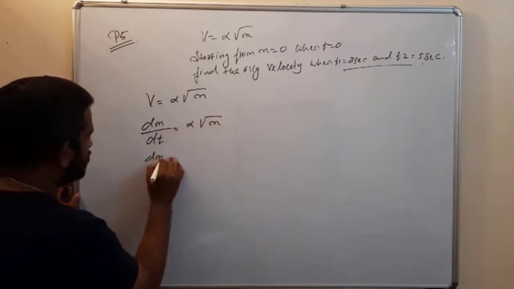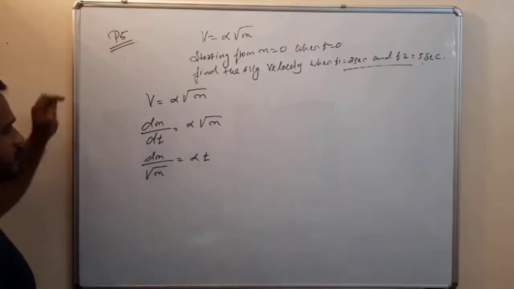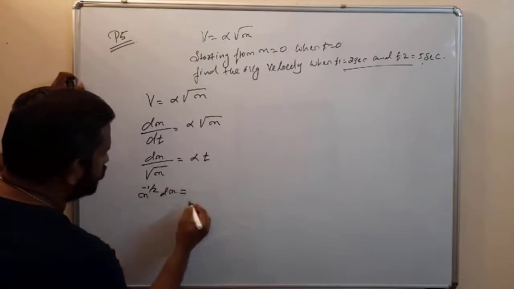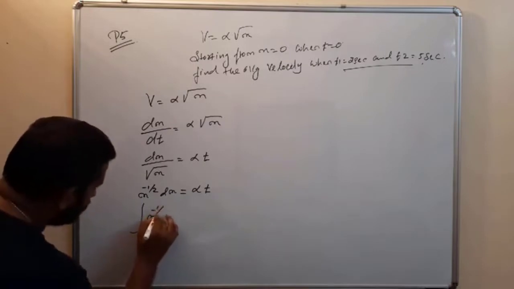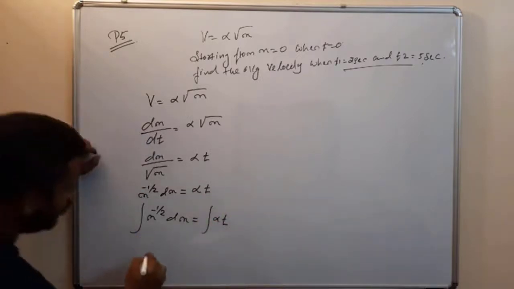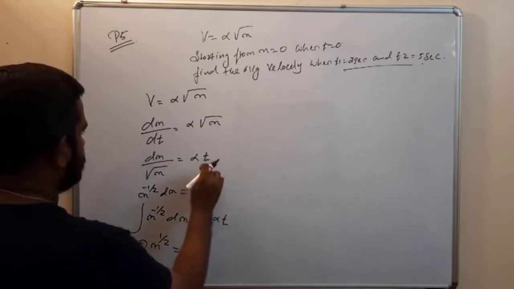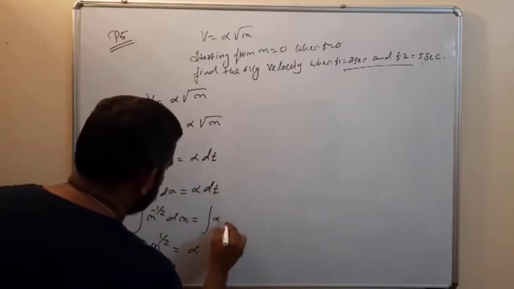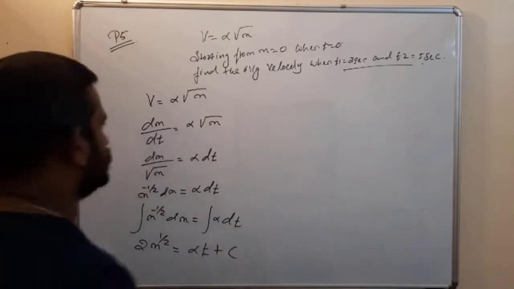Arrange the variables: dx by root x is equal to alpha dt. So x power minus 1 by 2 dx equal to alpha dt. Integrate. Integral of x power minus 1 by 2 dx is equal to integral of alpha dt. So 2 x power 1 by 2 is equal to alpha t plus constant of integration.